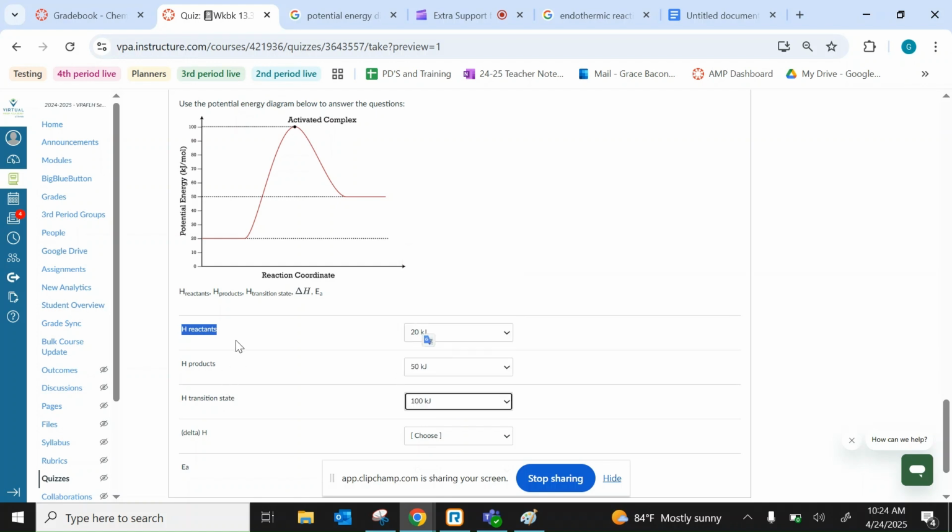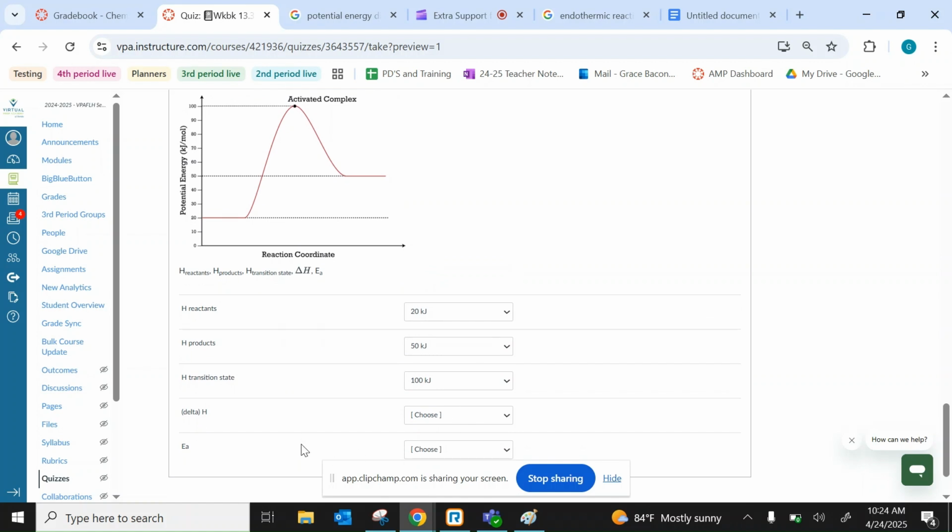So these 3 I can always find as heights on the graph, and these last 2 I find using subtraction. My enthalpy of reaction, my delta H, is going to be equal to the H of the products minus the H of the reactants. On the graph, that would be this height right here, products to reactants.